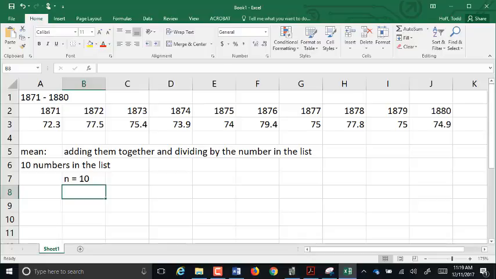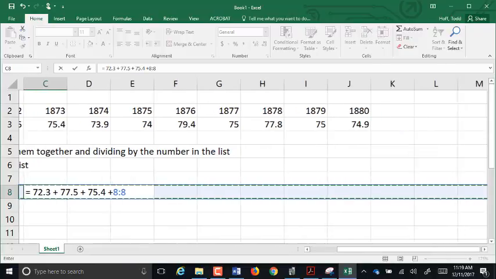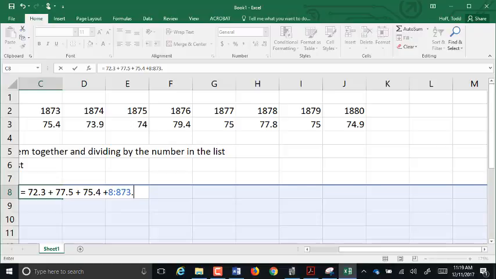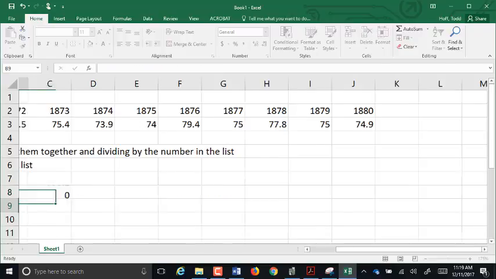So to find the mean, we are going to add them all up. 72.3 plus 77.5 plus 75.4 plus 73.9 plus 74 plus 79.4 plus 75 plus 77.8 plus 75 plus 74.9.